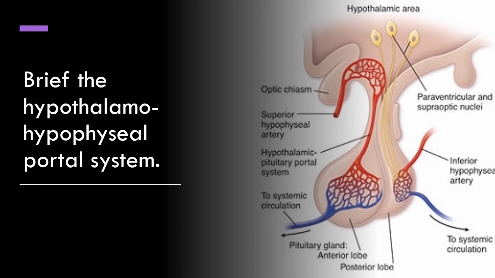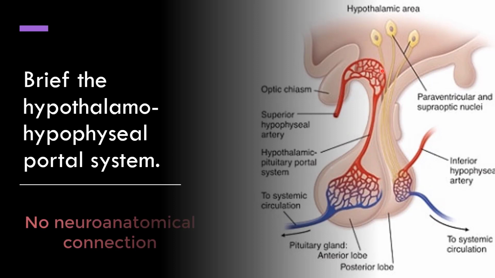Let me discuss on hypothalamo-hypophyseal portal system. Here, in the infundibulum, arcuate nucleus produces release hormones which have to reach the adenohypophysis. There is no anatomical connection developmentally between adenohypophysis and neurohypophysis because adenohypophysis is developmentally from roof of pharynx, Rathke's pouch.